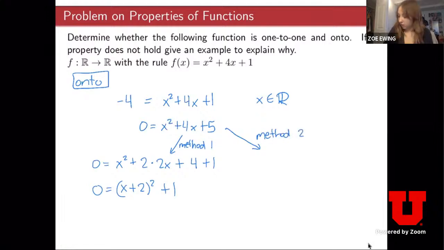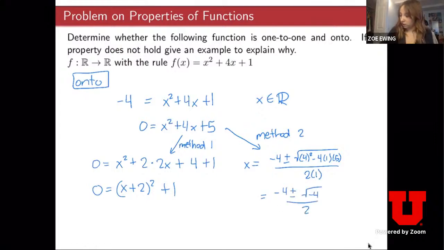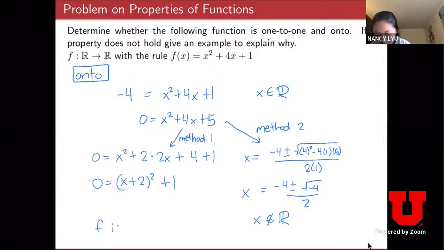If we set x equal to -4 plus or minus the square root of 4 squared minus 4 times 1 times 5, over 2 times 1, that comes out to -4 plus or minus the square root of -4 over 2. And this -4 means that we don't have a real number. So x is not in the set of real numbers, which means that f is not onto.